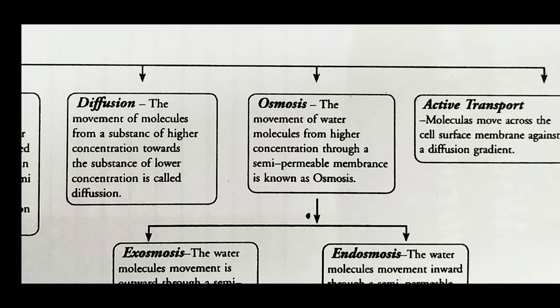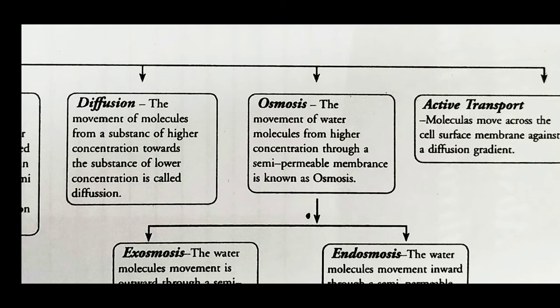There are different types of membranes, and you can look deeper in your books and get help from other topics as well, because these are discussed in classes from 7th, 8th, 9th onwards. Here you only need to know that it is movement from higher concentration through a semi-permeable membrane.